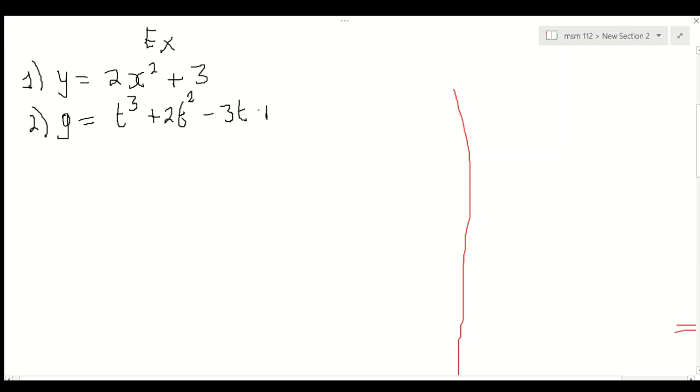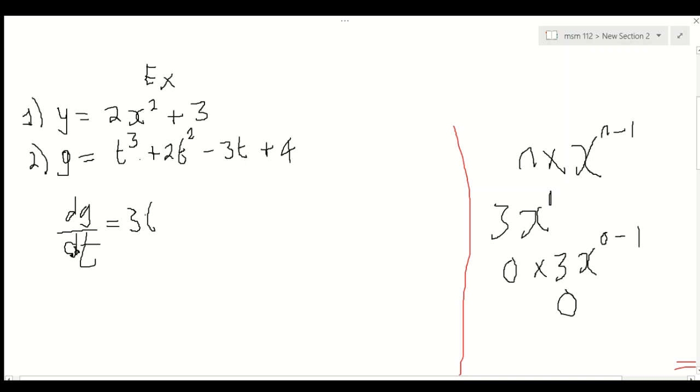So dg over dt is equal to 3t squared, which is the derivative of t cubed, plus 4t minus 3. This is your answer to question 2. If you found this, it means the answer is correct. Let us move to the chain rule.